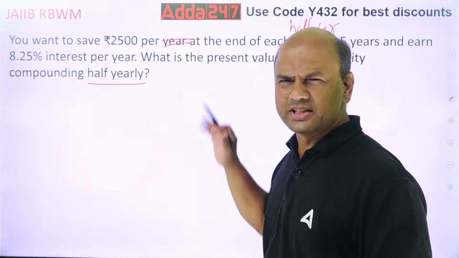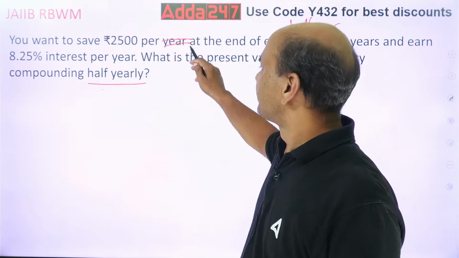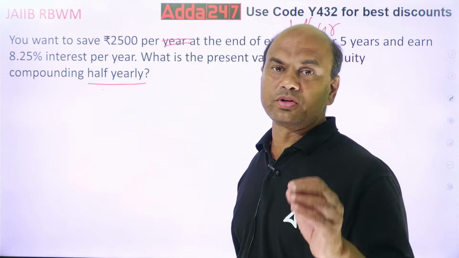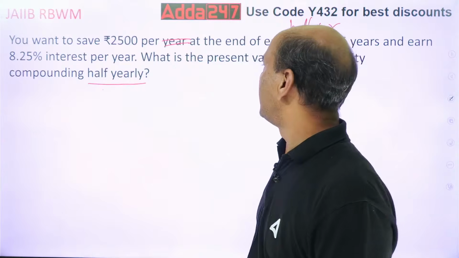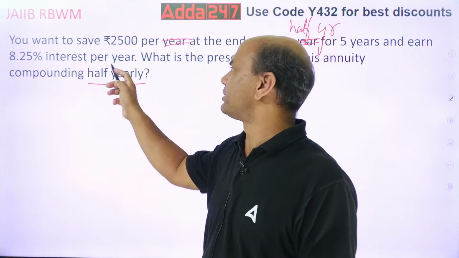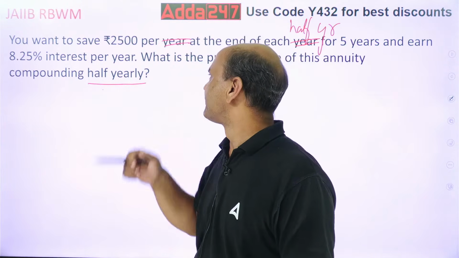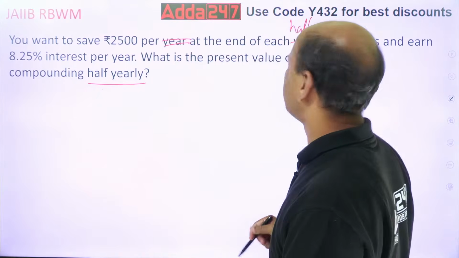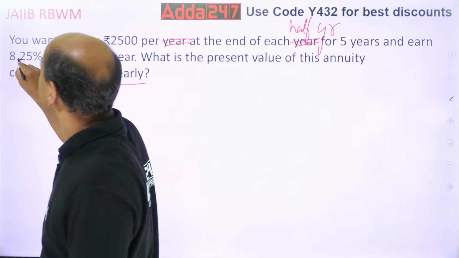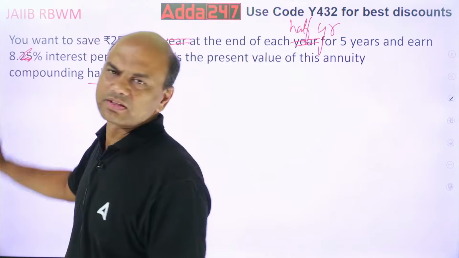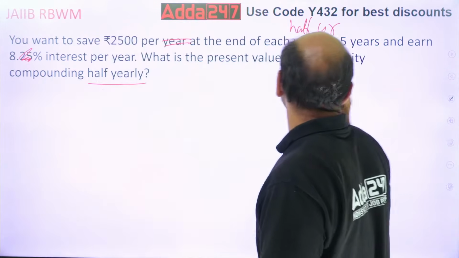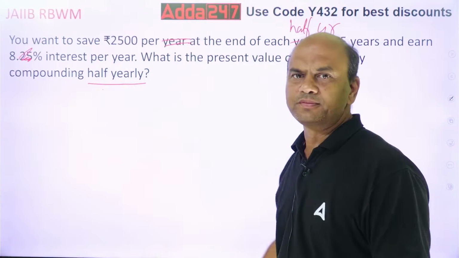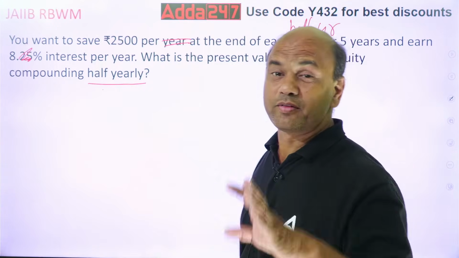I have changed this question. Per half year you want to save 2500 and the rate of interest is 8.25% per year. It's a bit difficult one here. Let's keep it simple. 8%. And this is 5 years. That's okay. Because 8.25 divided by 2 will be very tough.